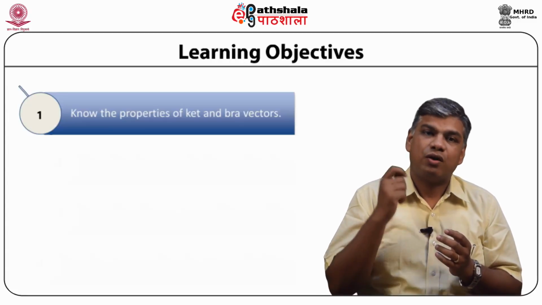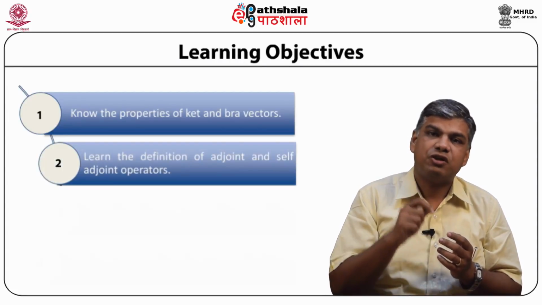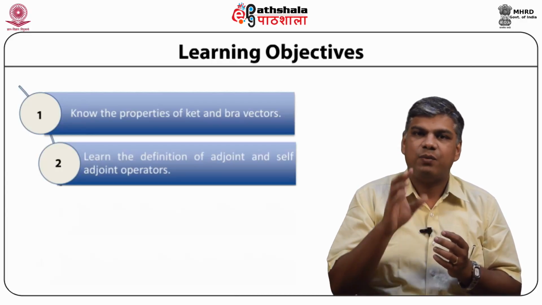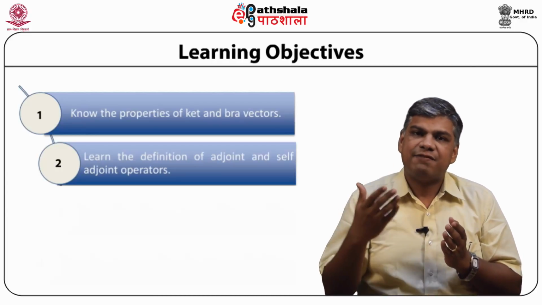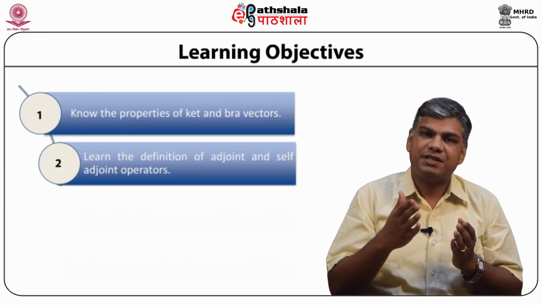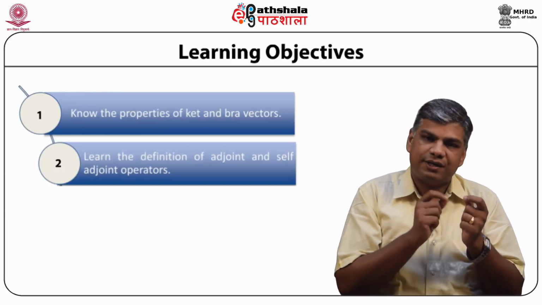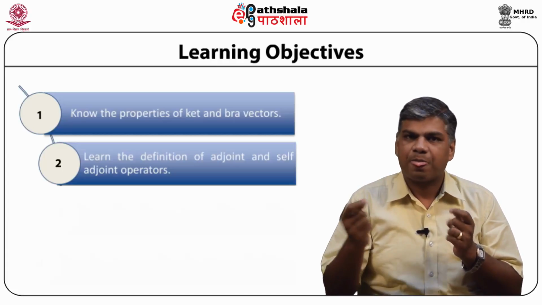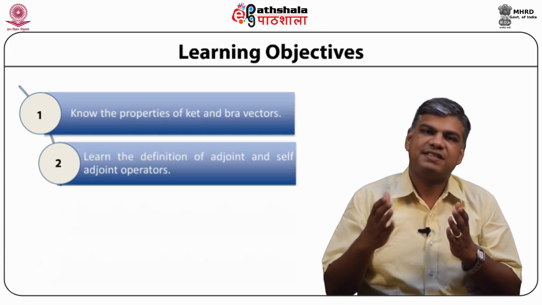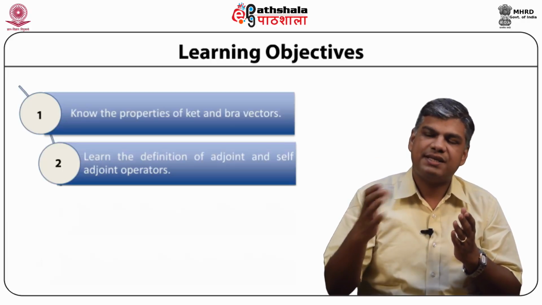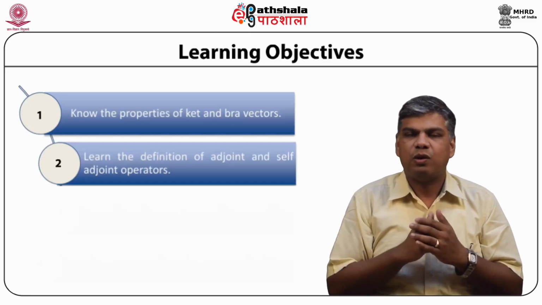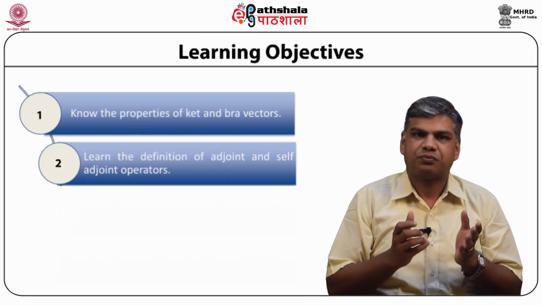Through this, we'll also learn the definition of the adjoint and the self-adjoint operators, and we'll see that self-adjoint operators are basically the operator A equal to the operator A dagger, and this definition of the self-adjoint operator we'll see can be neatly derived in the following exposition.